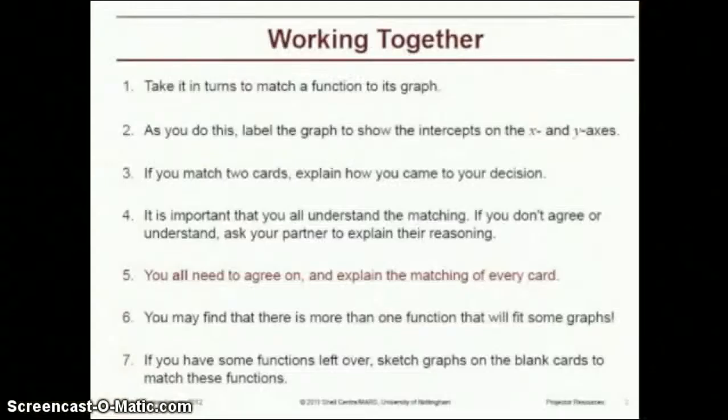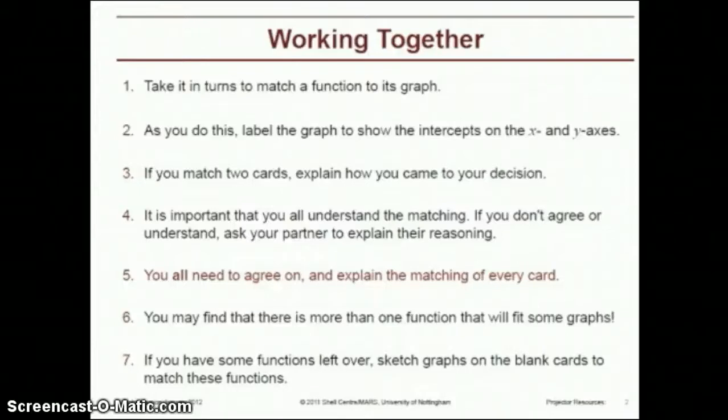Okay. First of all, if you match two cards on your purple sheet, you need to explain why you matched them. If you match it, you tell it on your paper to tell why you came to your decision. You need to agree on your matchings. Okay? As a partner, I'm going to give you each a set of cards today.